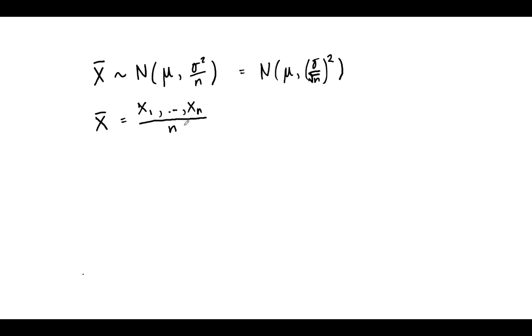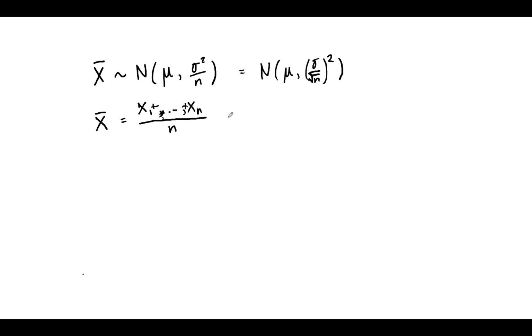Then we just have our standard average formula. Whoops, there should be a bunch of pluses here, not commas. Plus, plus, plus. We're adding them all up and dividing. So it's an average. It's a sample. That's what a sample mean is.